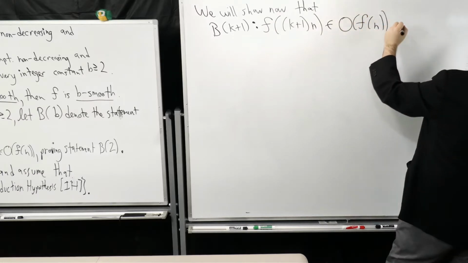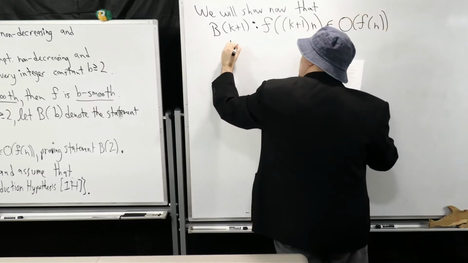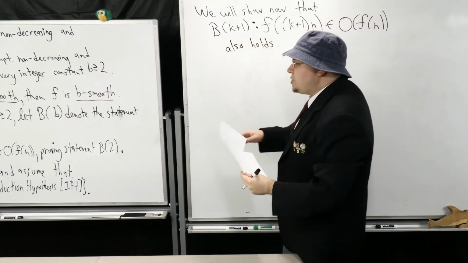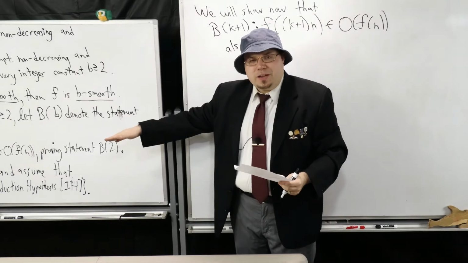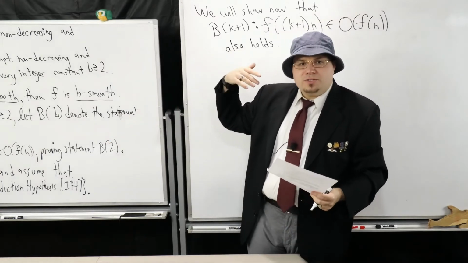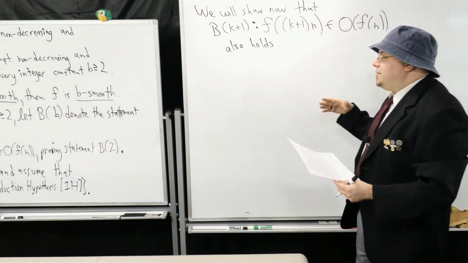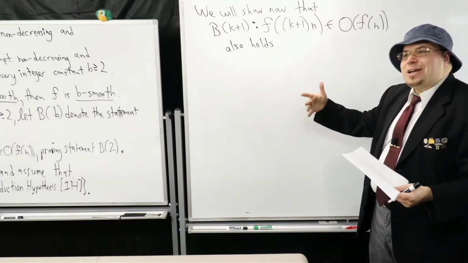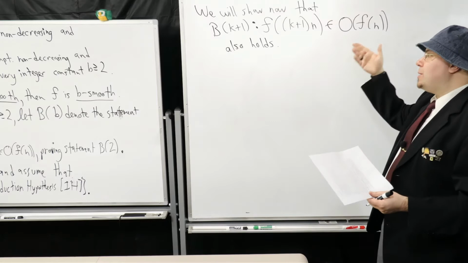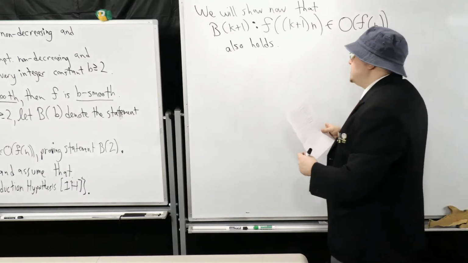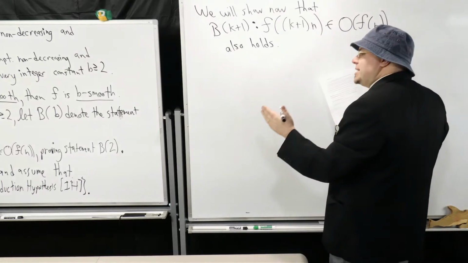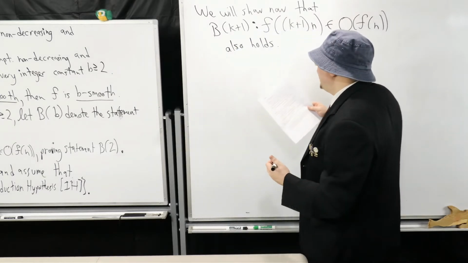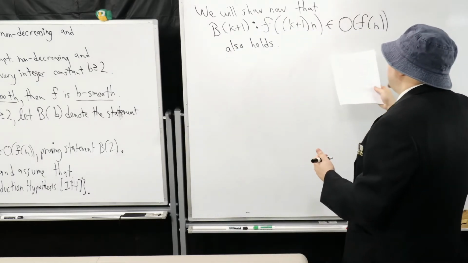Also holds. If I could show that B of k implies B of k plus 1, then if I plop in whatever value it might be, it'll work no matter what k was in my proof. I'm using k as opposed to B because I find it a little bit less confusing. It's a pretty standard thing to do with an induction proof.